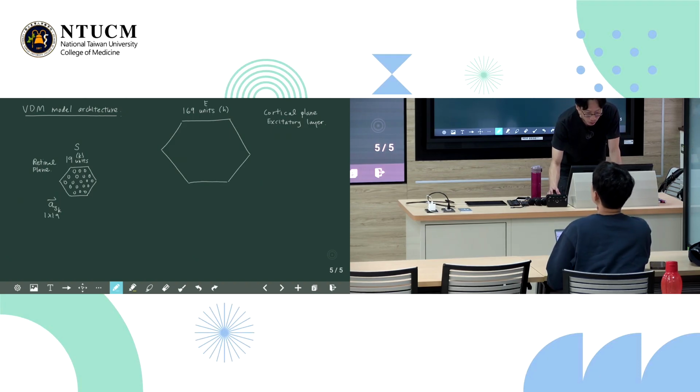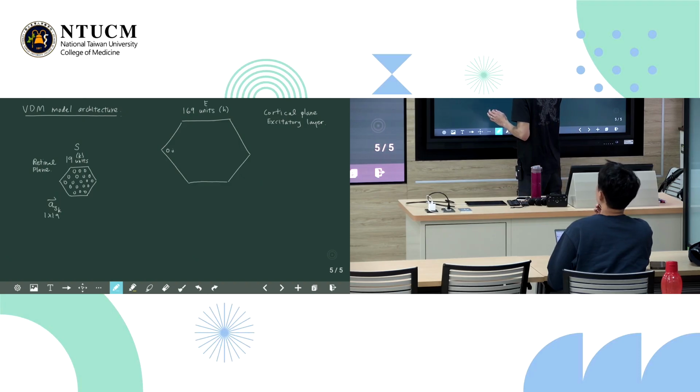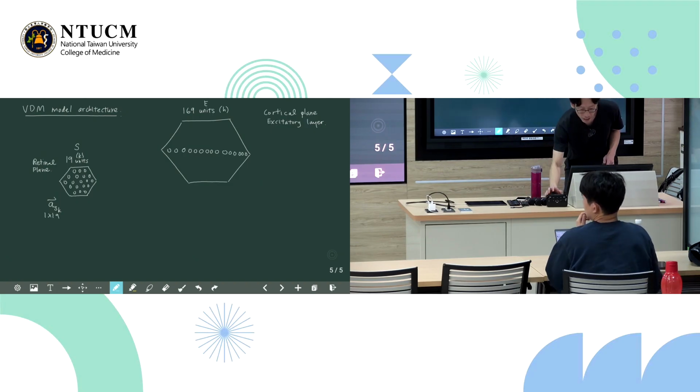1, 2, 3, 4, 5, 6, 7, 8, 9, 10, 11, 12, 13, 14, 15. It's going to be 15 as the width.